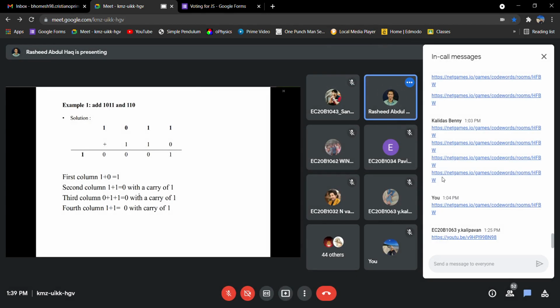1011 is, can anyone tell me the decimal of 1011? Roll number 24. Roll number 26, Mahesh T. Please give me the decimal value of 1011. Yes, sir. What is the decimal value of 1011?